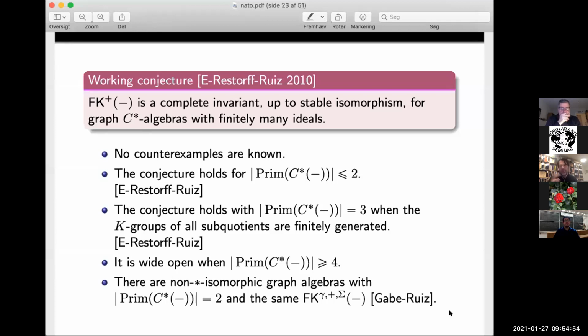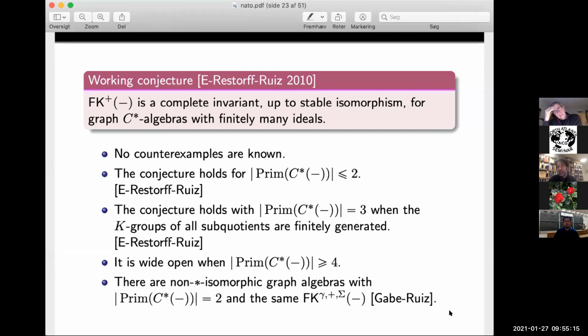So that's one step up from being simple. We could do that. If we have 3 points, then we could almost do that, but we had to ask that the K groups were all finitely generated. Essentially, if you know about these things, it's because we go via KL, and that is only the same as KK if you have this kind of condition.